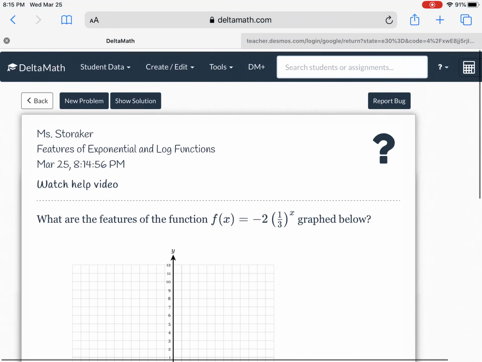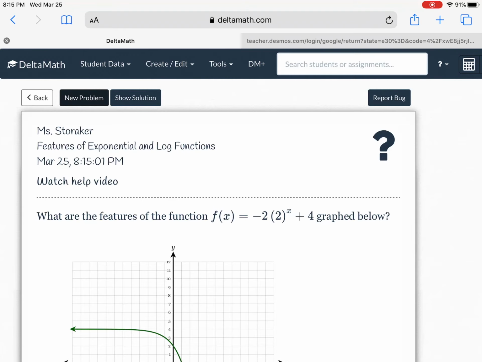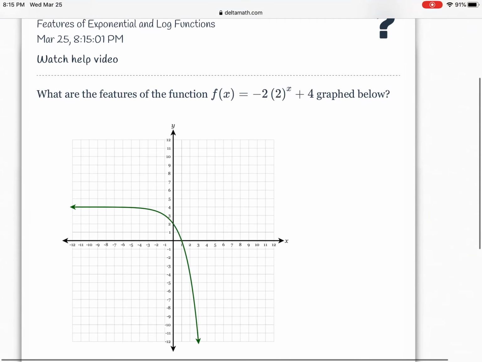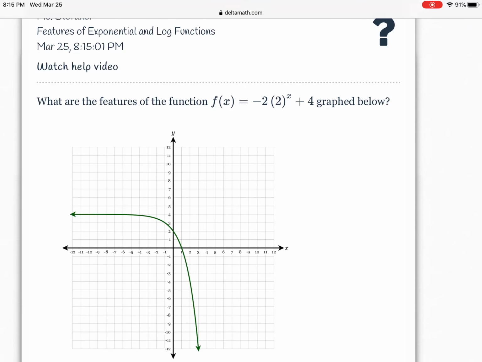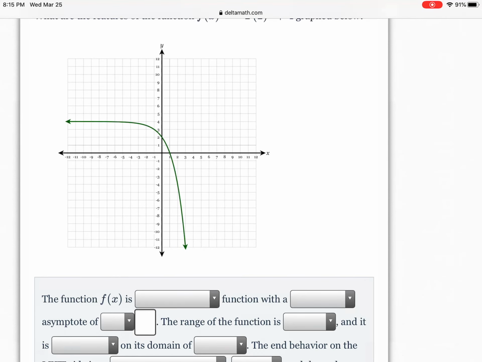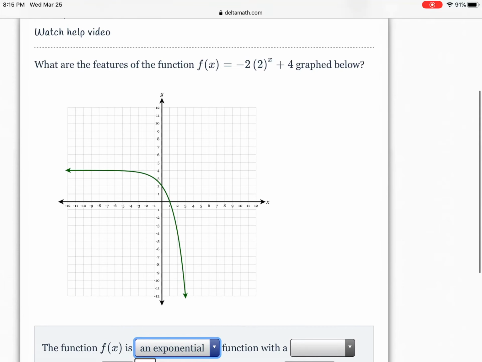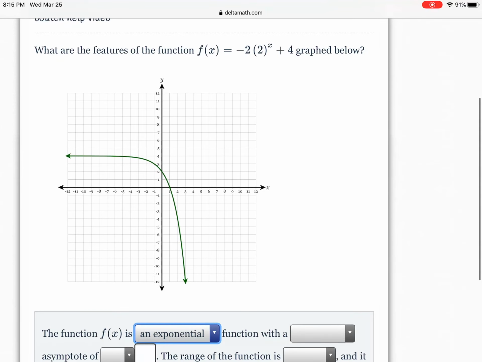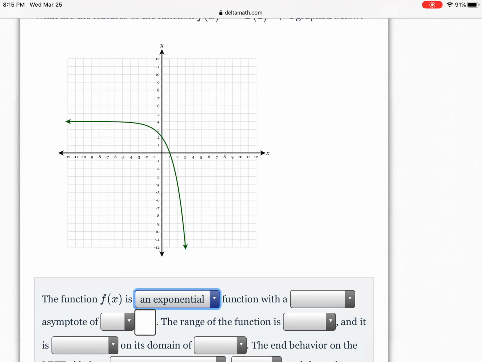So they give us another exponential. I'm going to skip it. They give us another exponential. I'm going to do this one because it's got a shift in it. So the function is exponential. I can tell because it has an x in the exponent. It has a horizontal asymptote of y equals, and this one's not 0.